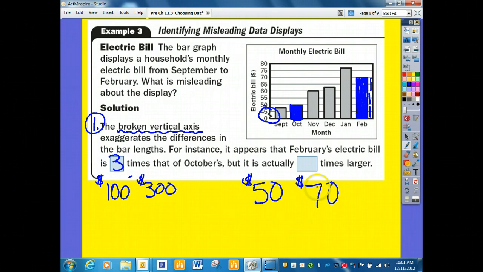What is 70 divided by 50 on your calculators? 1.4. So it's actually only 1.4 times larger. It's very misleading. So number one, broken vertical axis.